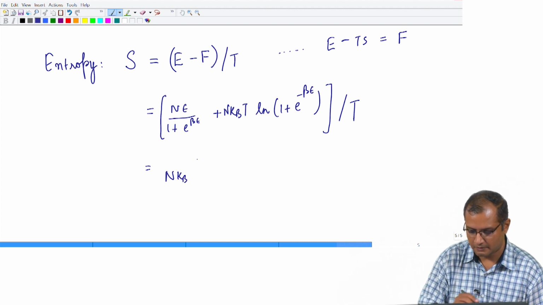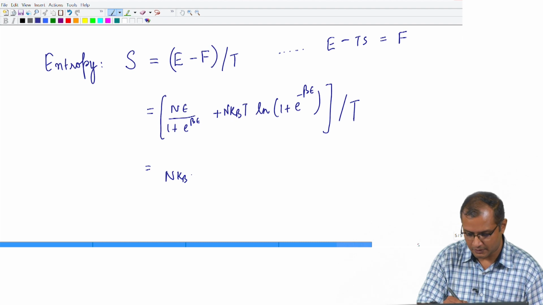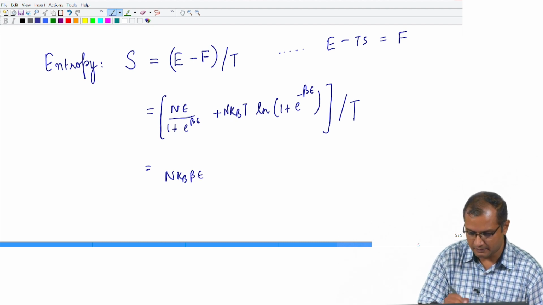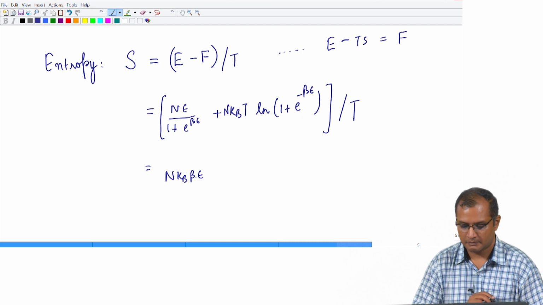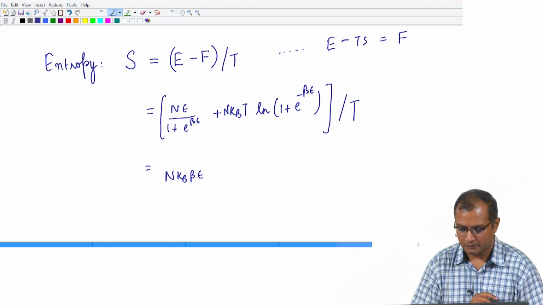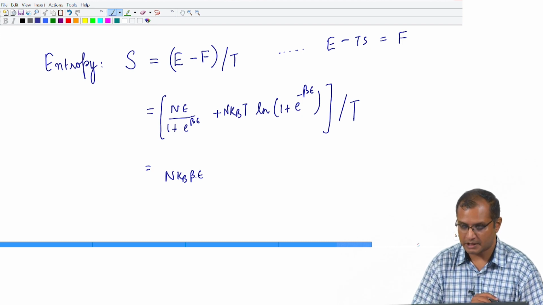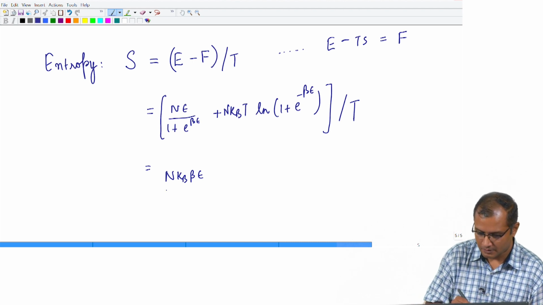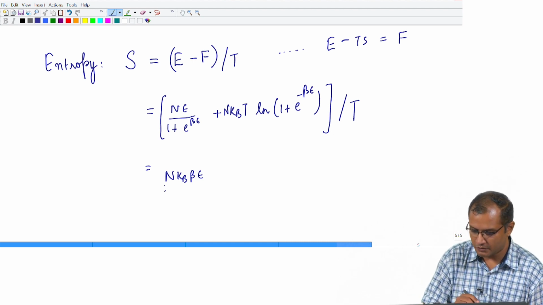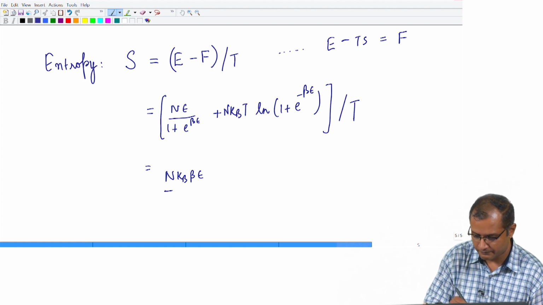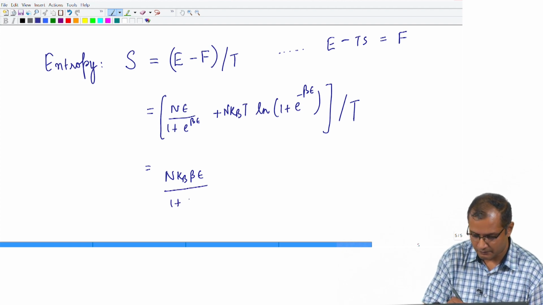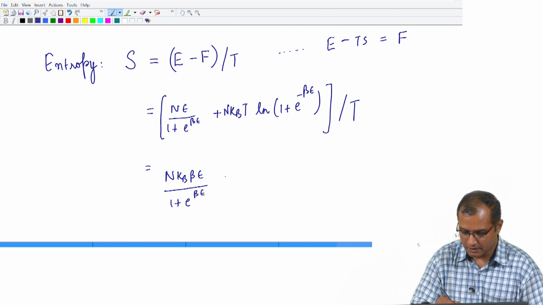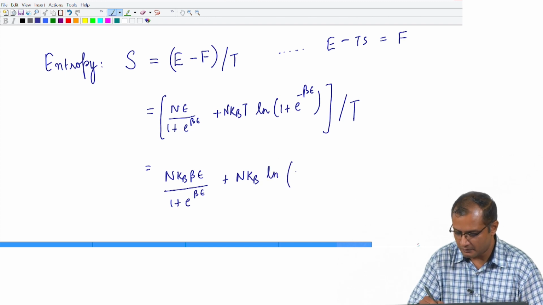Okay. 1 upon T is nothing but kB beta, and the remaining is just N kB into ln(1 plus e raised to minus beta epsilon).